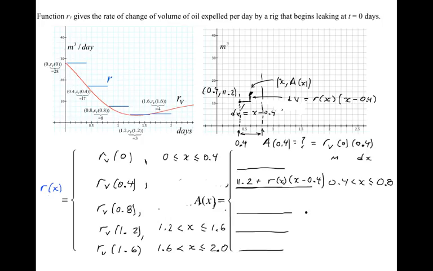We want to build the function. We want to get every corresponding point throughout that interval, throughout that moment. So we need to pick an arbitrary x in the interval. Our dx will be from 0.4 to x. Corresponding change in volume will be the rate times that change. And then we're going to add the initial, just like we've been doing, right? Final equals initial plus the change.